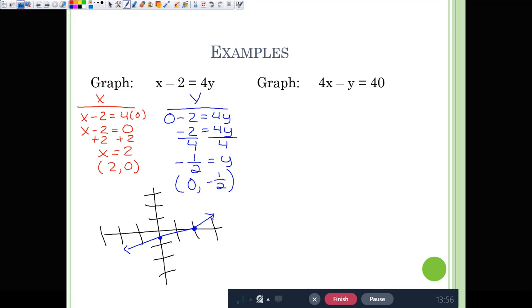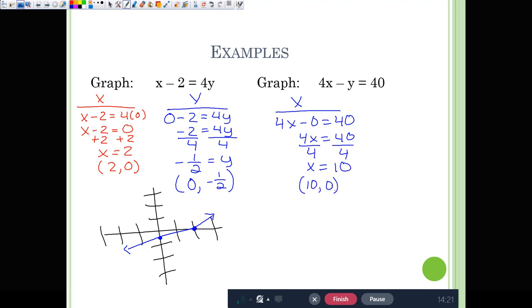Okay, let's do the same thing here. So x-intercept, I'm going to substitute in 0 for what? y. So 4x is going to equal 40, divide by 4, and x is going to equal 10. So my ordered pair is going to be 10, comma 0.